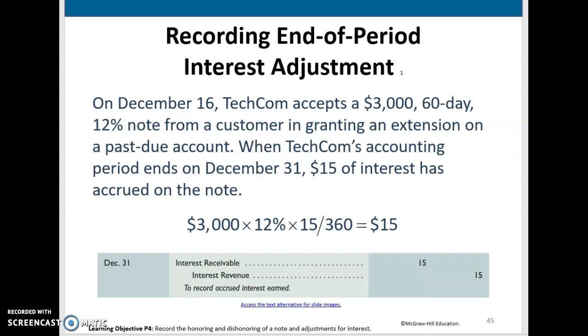So we have to figure out the interest from December 16th to December 31st and record that as interest receivable. Here you'll see a $3,000 note times 12% interest times 15 days, December 31st minus December 16th, divided by 360 equals the $15.